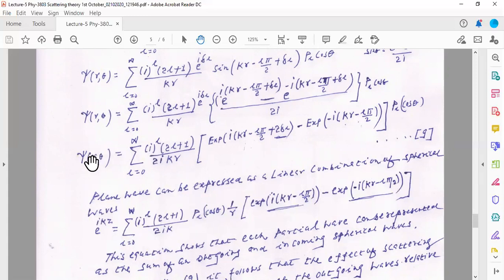And this is the relation for psi of r, theta, the most general asymptotic solution which we have developed today in terms of the phase shift.